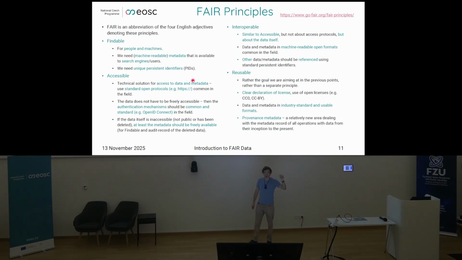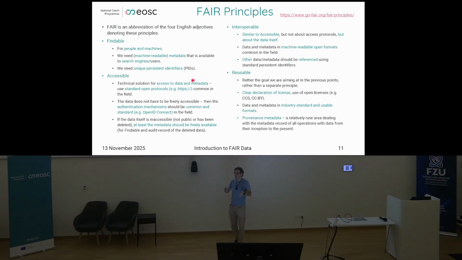So findability is one property. The second property is accessibility. That's more or less that the data are available with commonly used technologies.